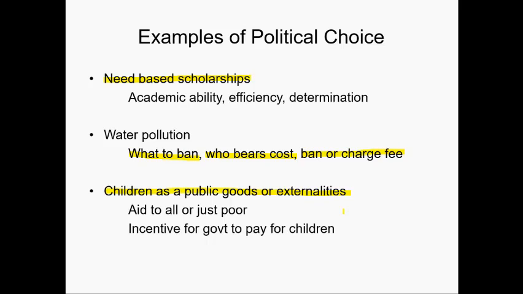So if we incentivize families to have children and treat them like public goods, where the government finances the producing and raising of children, it's an interesting concept, but you could have some externalities there.